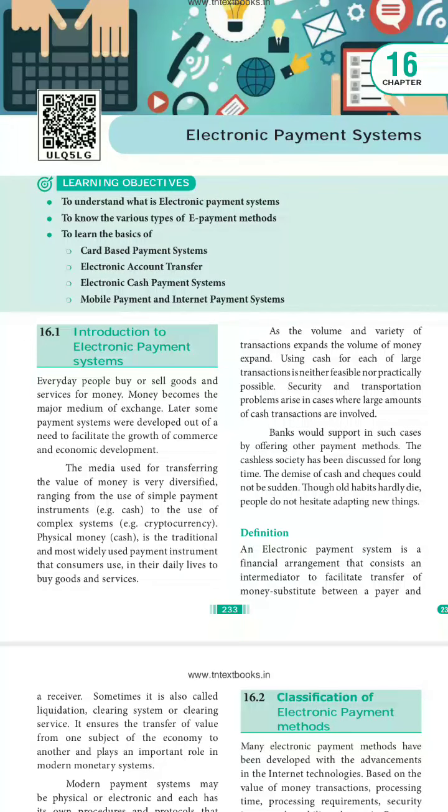So, introduction. Before moving on to the electronic payment system, we used the cash payment system, which is a hard material, paper material, which is printed with mint and different ink to identify this is a currency, and this currency is given for any transaction or any exchange.